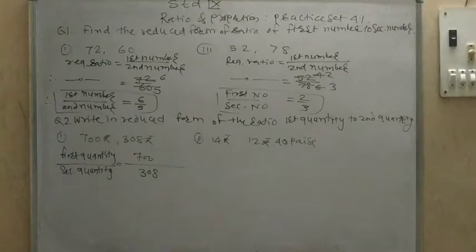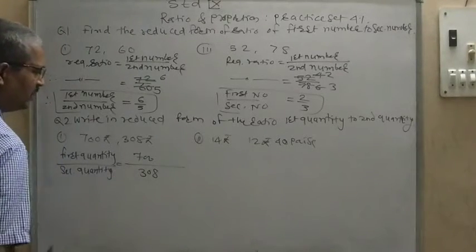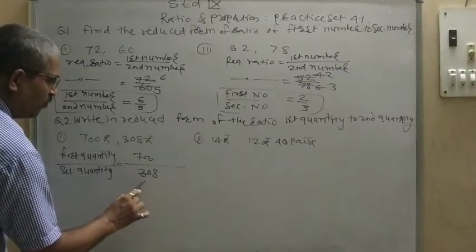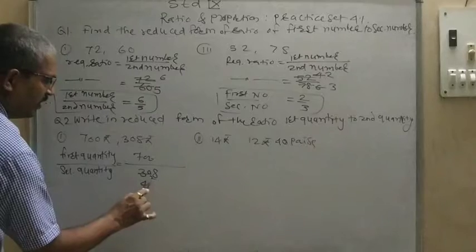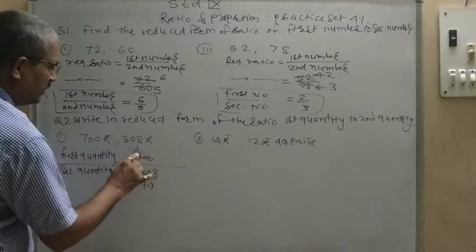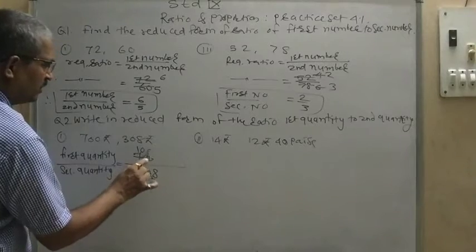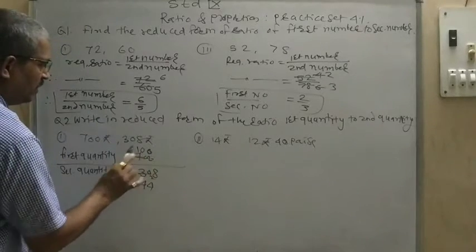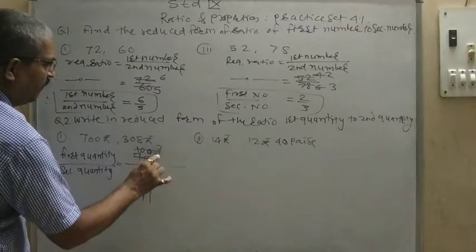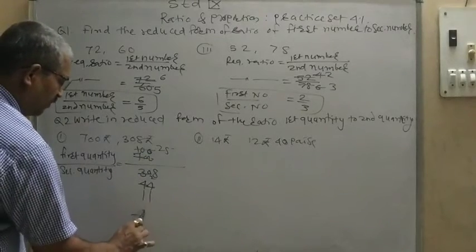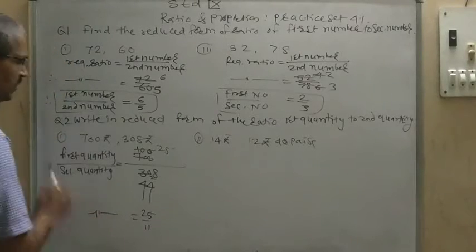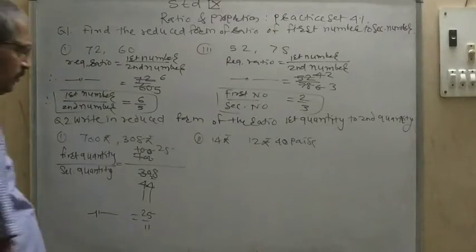Then here, how can we divide? That we will see, is it divisible by the 7 table? Yes. 7 4s are 28, 2 remaining, 7 4s are 28, now 7 1s are 7, 7 zeros are 0. Again it is divisible by 4: 4 1s are 4, 4 25s are 100. Therefore 25 upon 11 is the answer of the first.